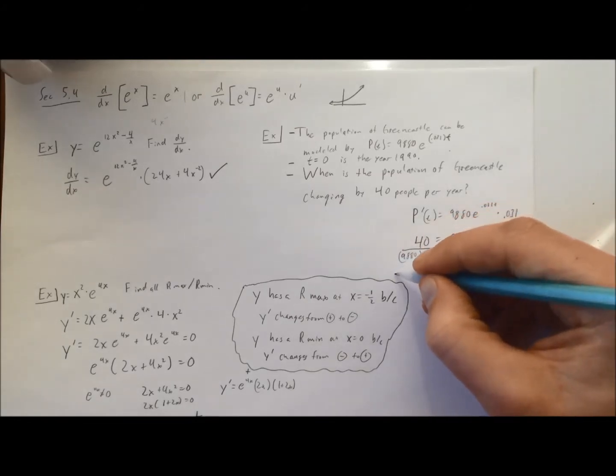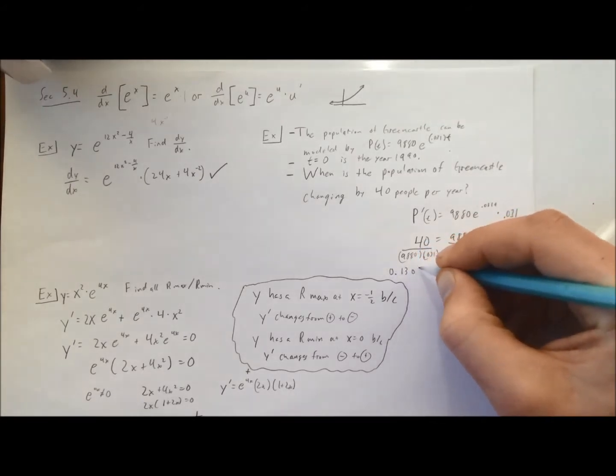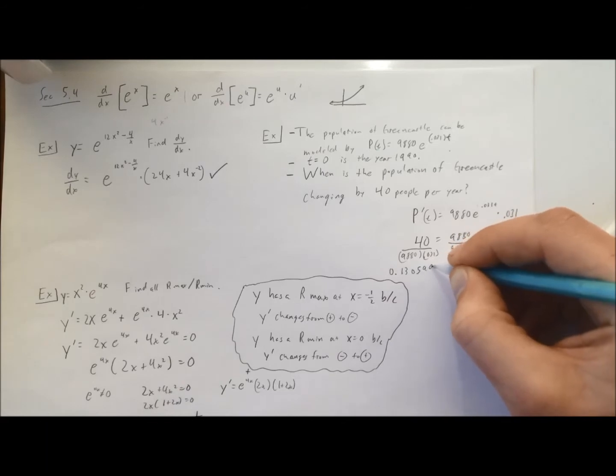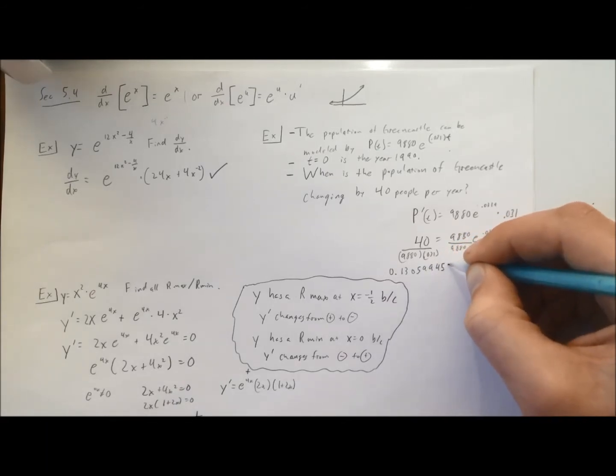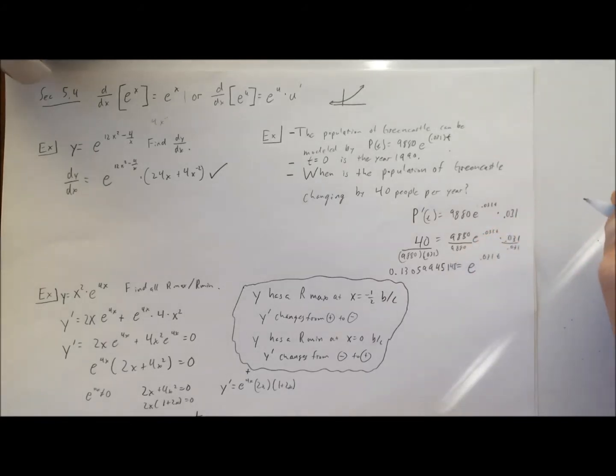And I get this big nasty number of 0.13059945148, and it keeps going.